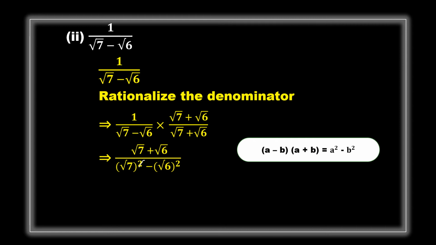Here square and root cancel, here also square and root cancel, so we have root 7 plus root 6 by 7 minus 6. Let us simplify it further.